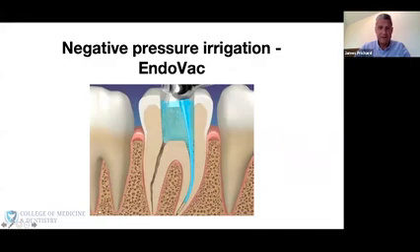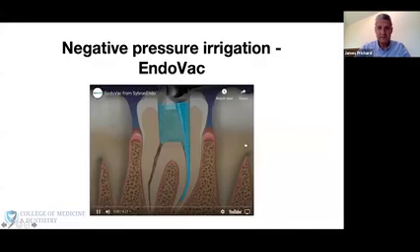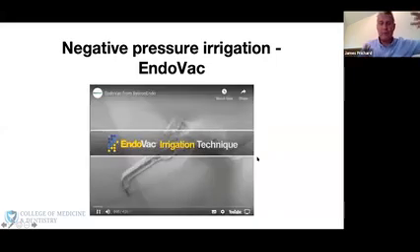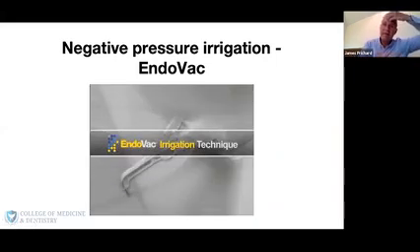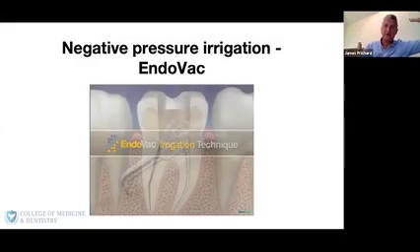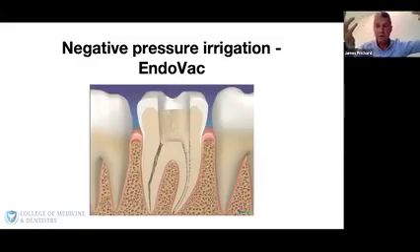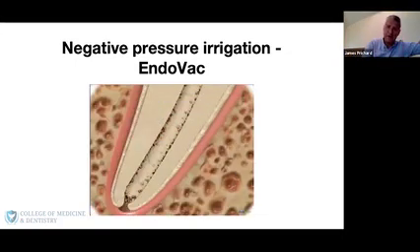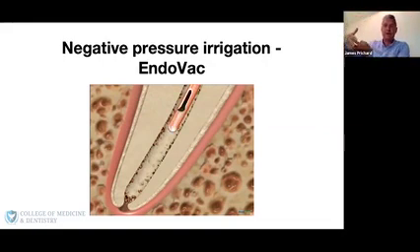Negative pressure irrigation. Okay, so EndoVac is a system whereby instead of injecting sodium hypochlorite into the root canal, which is what we do with our syringe irrigation, you have an alternative method of doing this. And the alternative method is actually to suck the irrigant down into the canal and then draw it back out, which is what we call negative pressure irrigation.